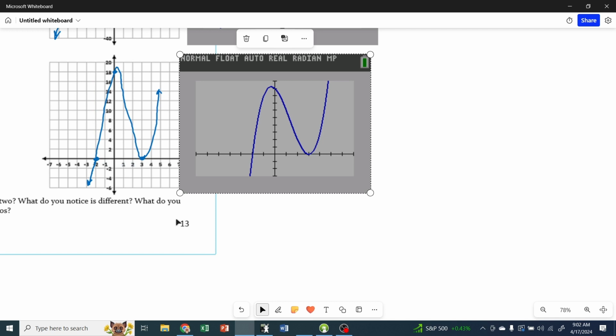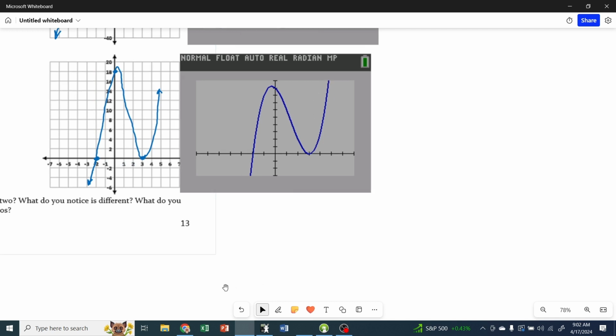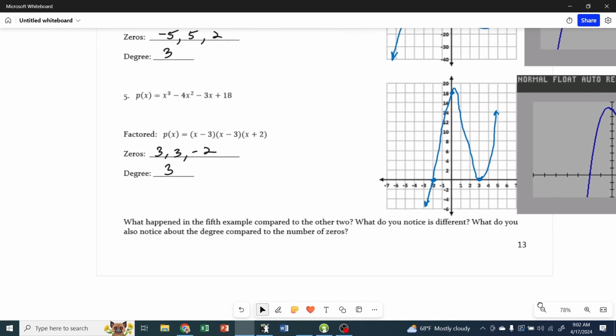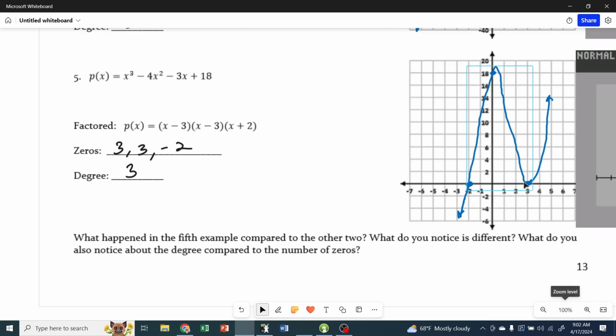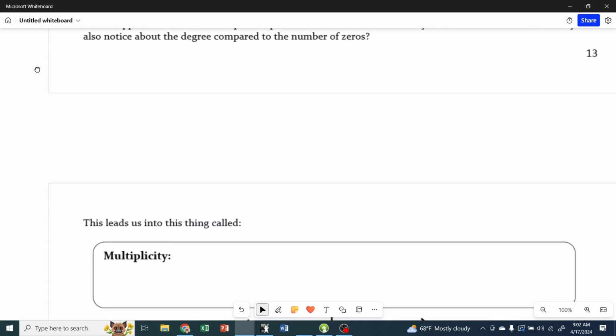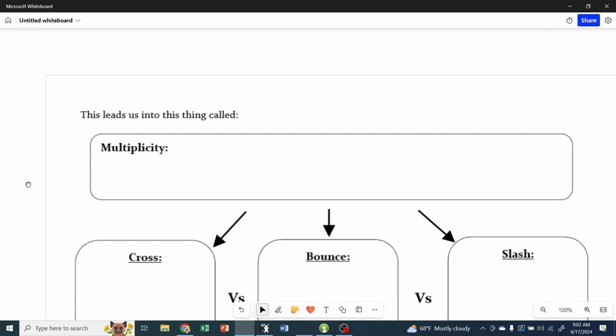And I'm a little bit sharper looking than probably should have been. All right, so what do we notice? Well, this one went through the 0, but this other 0, it touched it and went back up. Which leads us to what we call multiplicity.